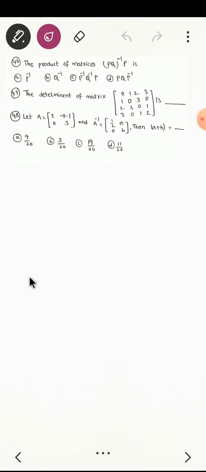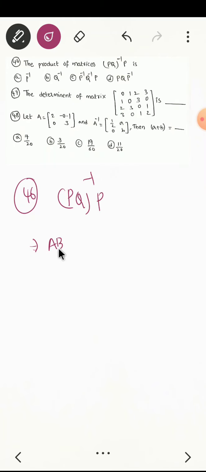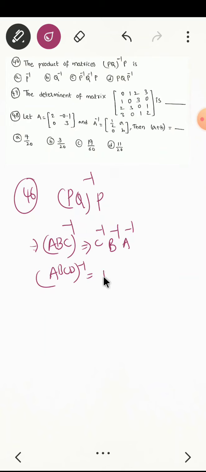Then problem number 46. The product of matrices P and Q, whole inverse, times P. I will tell you one property of matrices: A, B, C whole inverse can be written as C inverse, B inverse, A inverse. If you have A, B, C, D whole inverse, that can be written as D inverse, C inverse, B inverse, A inverse.